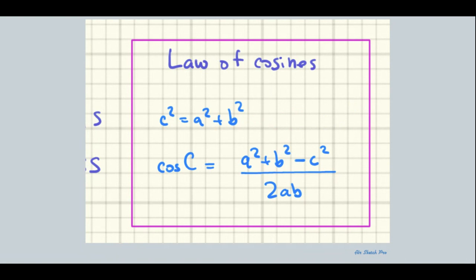Yes, thank you, Joshua and Anthony and Patricia. Yes, that's the Pythagorean theorem. The Pythagorean theorem works just for right triangles. The law of cosines generalizes, it extends the Pythagorean theorem when you're not looking at right triangles.